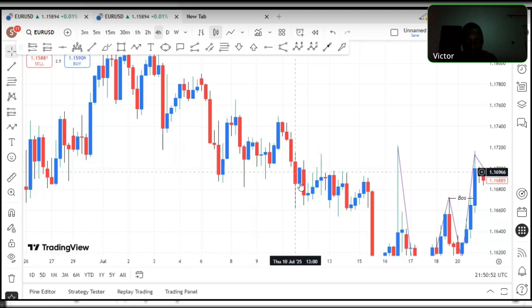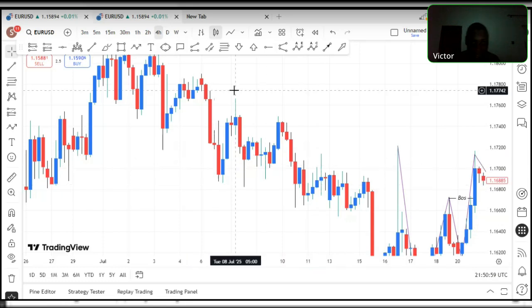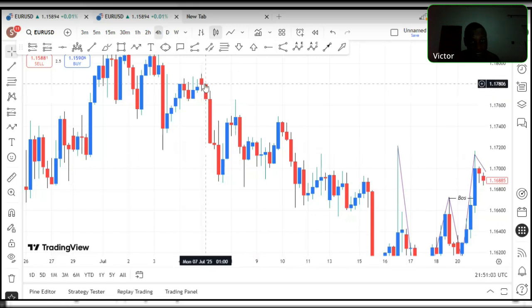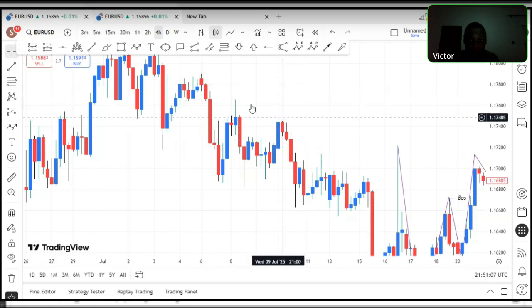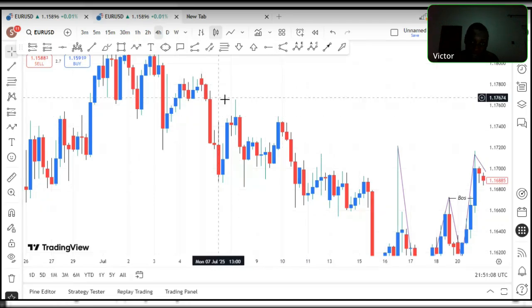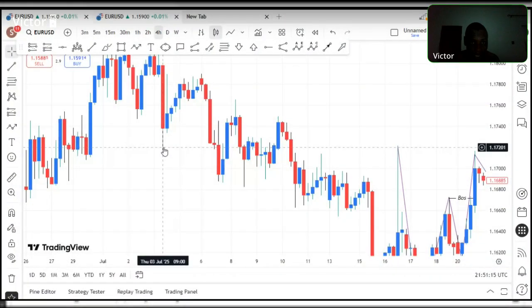The reason why it's called a lower high is because though this one is higher than this one, and this one is higher than this one, this place is high but it's not higher than this. So it's called a lower high. Do you understand? This place is low, but this one is lower than this one, so this one is called a lower low.